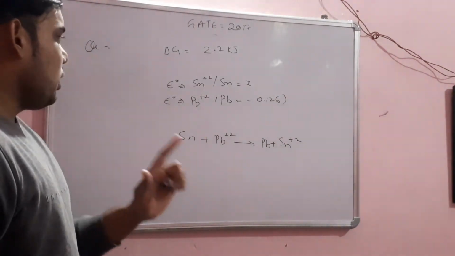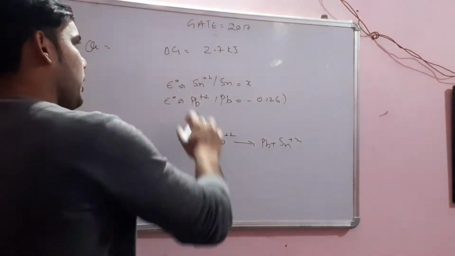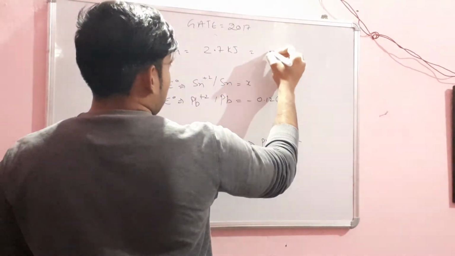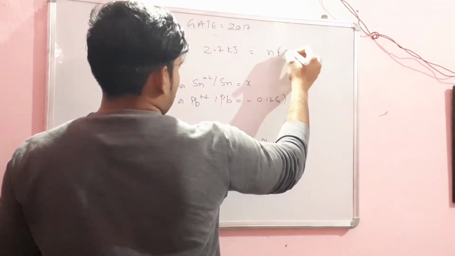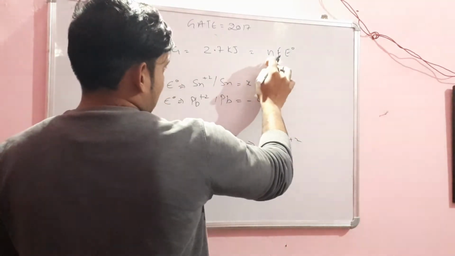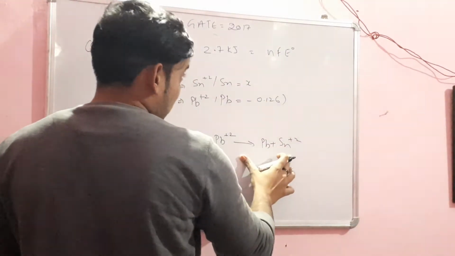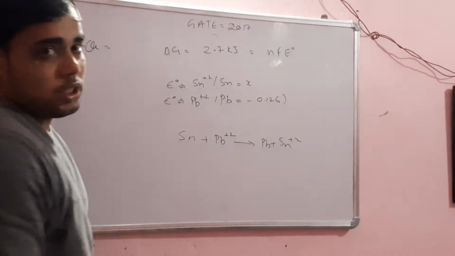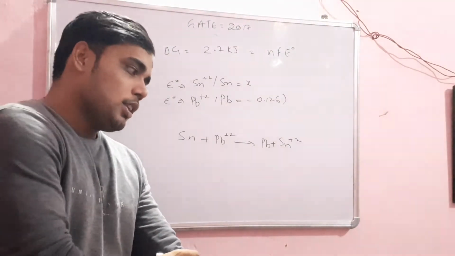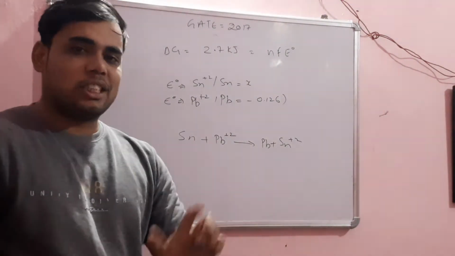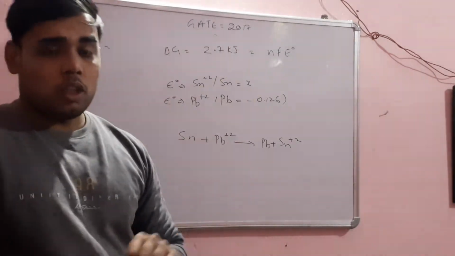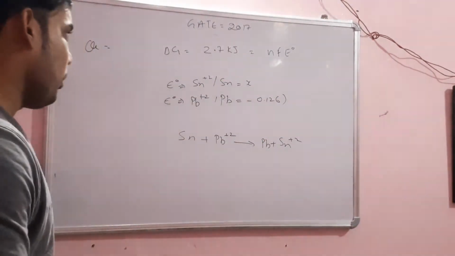So you already know about Gibbs free energy. Gibbs free energy is equal to minus nFE naught. N is the number of electrons exchanged in the reaction. F is your Faraday constant, which has a value of 96500, and you can calculate E naught from here.